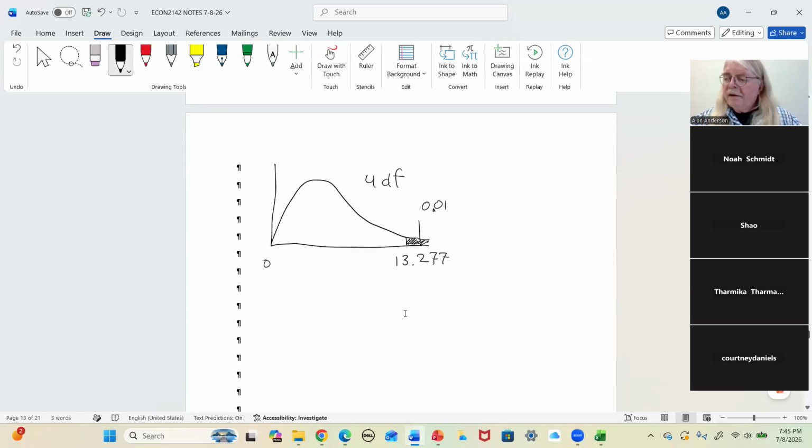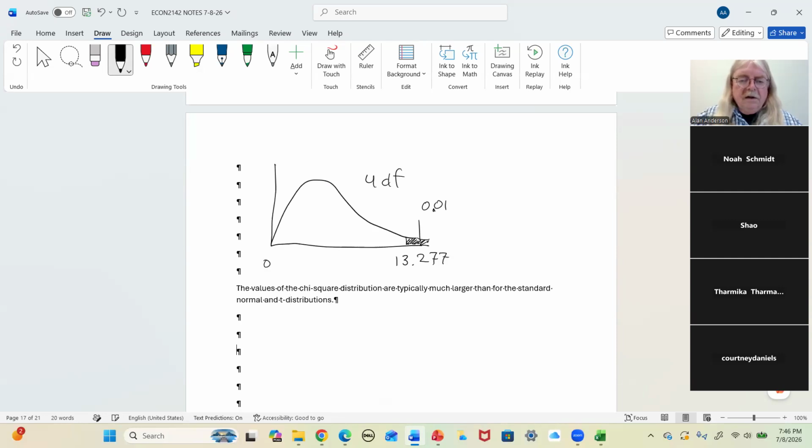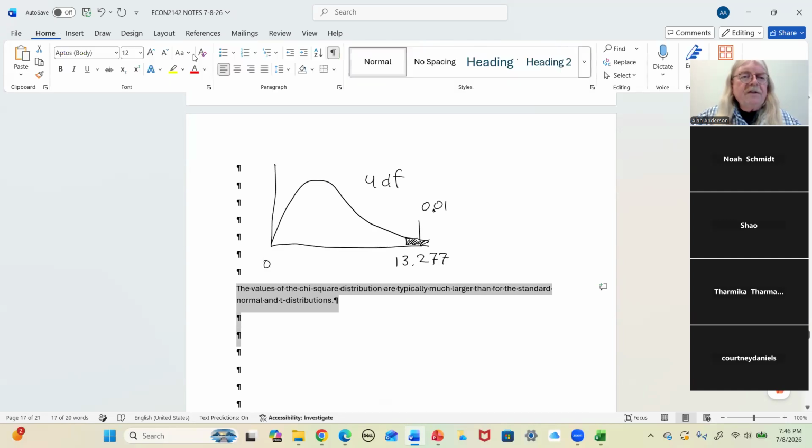Now, I would like to point out here, though, that the values under the chi-square distribution can get very large. Why is that? Because you're adding up squared values. They're typically much larger than for the standard normal and t distribution. The way it's constructed, you're going to get much larger values than you're used to seeing.